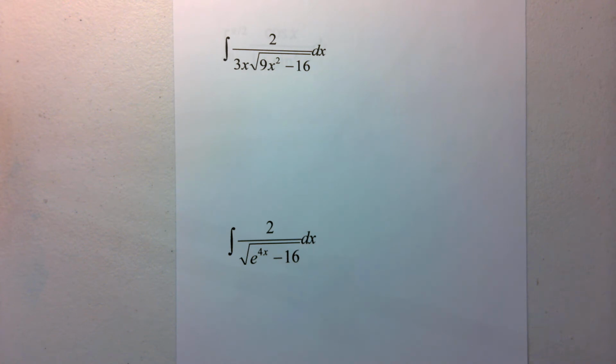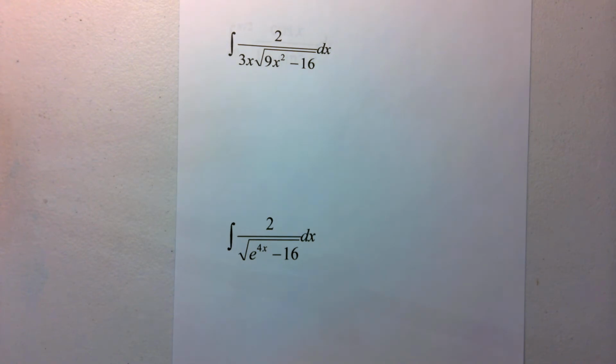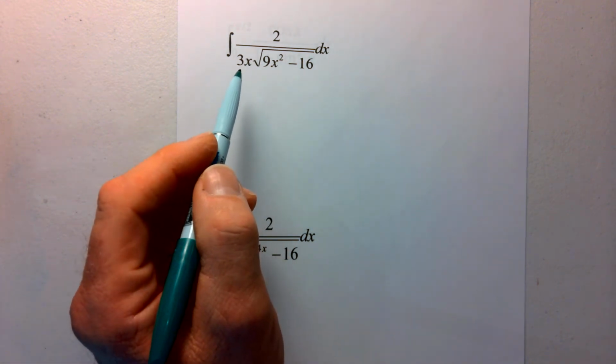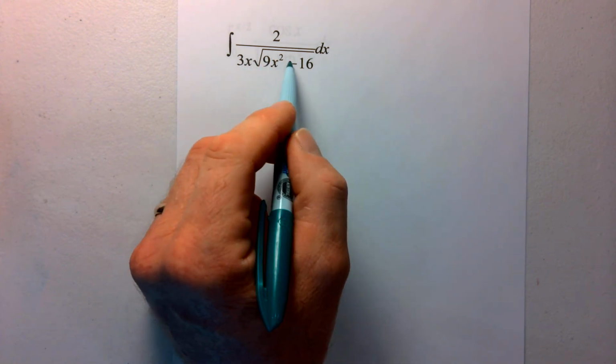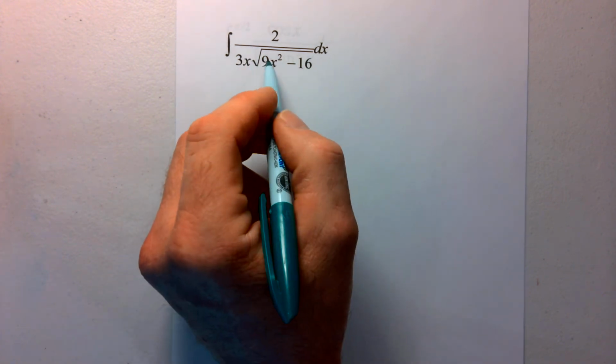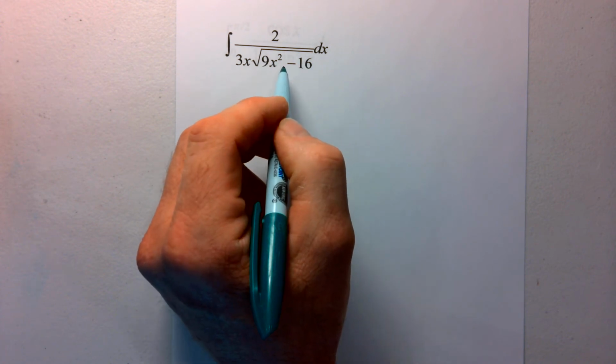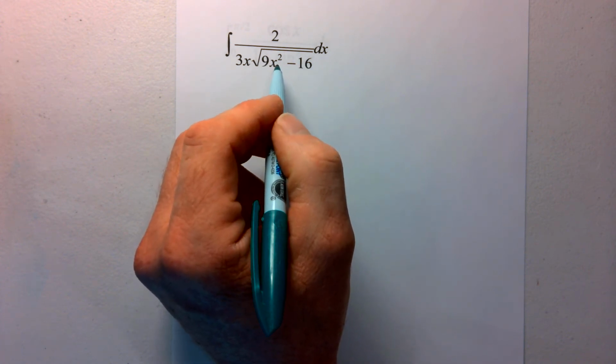Alright, so here's a little more complicated problem, I guess, if we think about what we want to look at here. So with the first one, at the top of the paper, notice we have the 9x squared minus 16. So that's going to give me an inclination again that it's going to be an arcsecant.